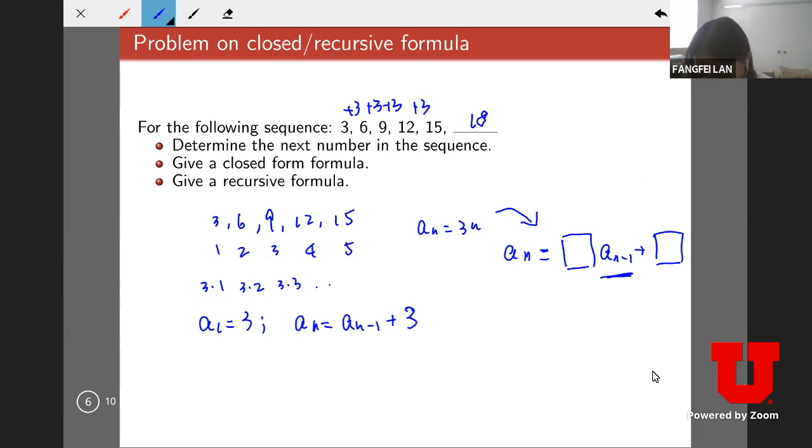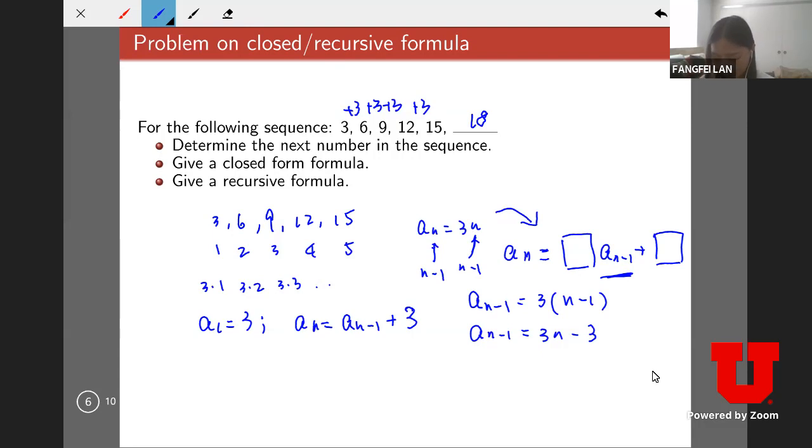So what we do is we try to plug in n minus 1 here as n. So we have an minus 1 is equal to 3 times n minus 1. We basically plug in n minus 1 here as well. So we have an minus 1 is equal to 3n minus 3.